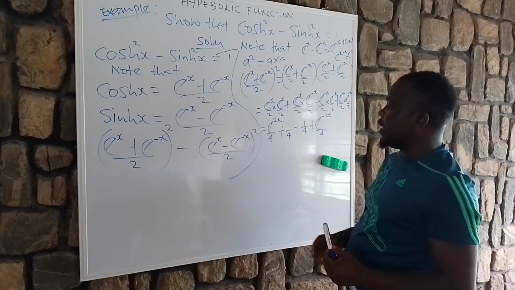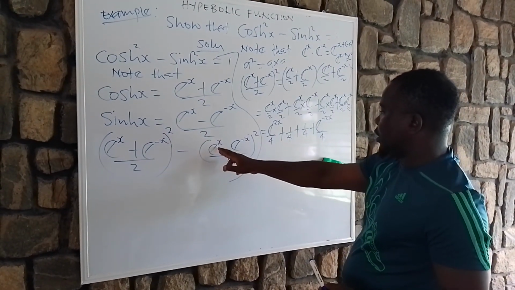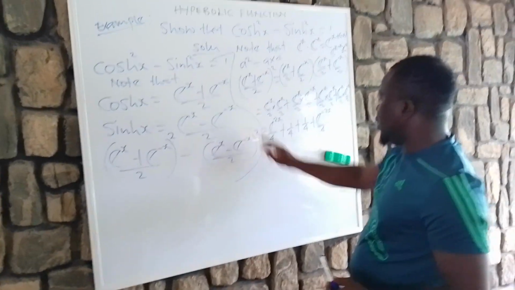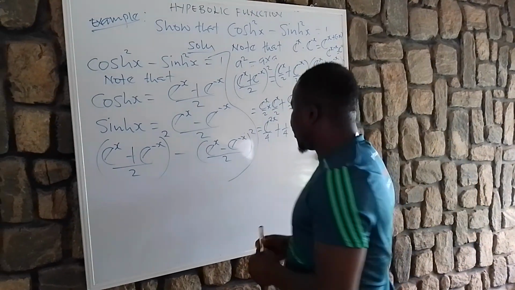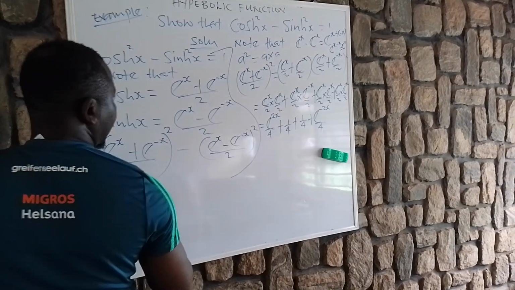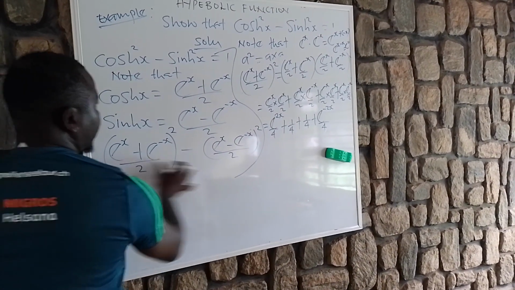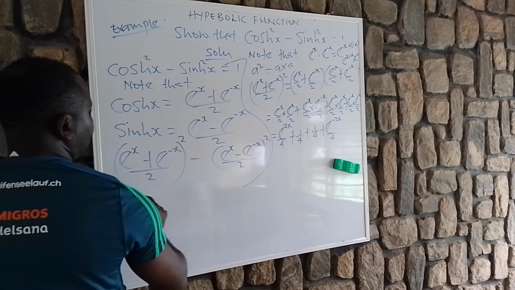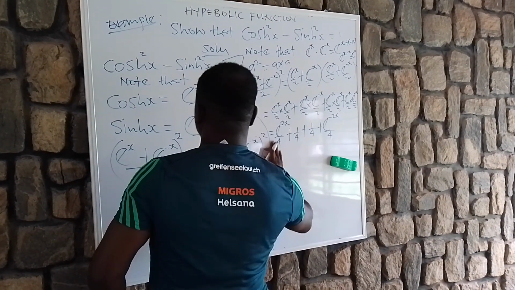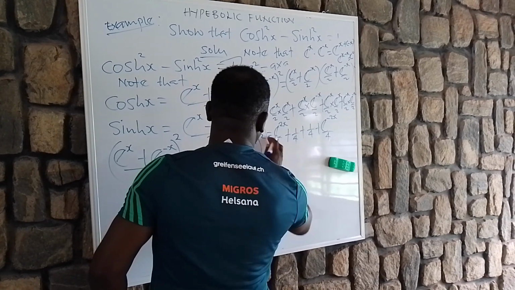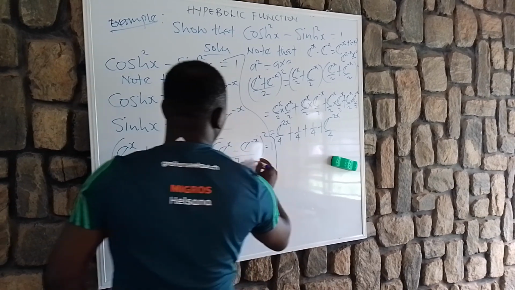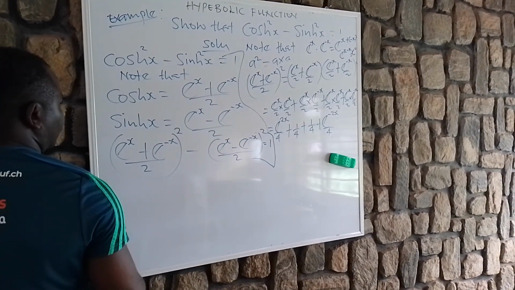Then let us try [e^x minus e^(-x)] all over 2, all squared, please. Let's just put it down here. This one gives us this. So we'll write it this way. Please take note that this is equal to 1. Let's write it this way.